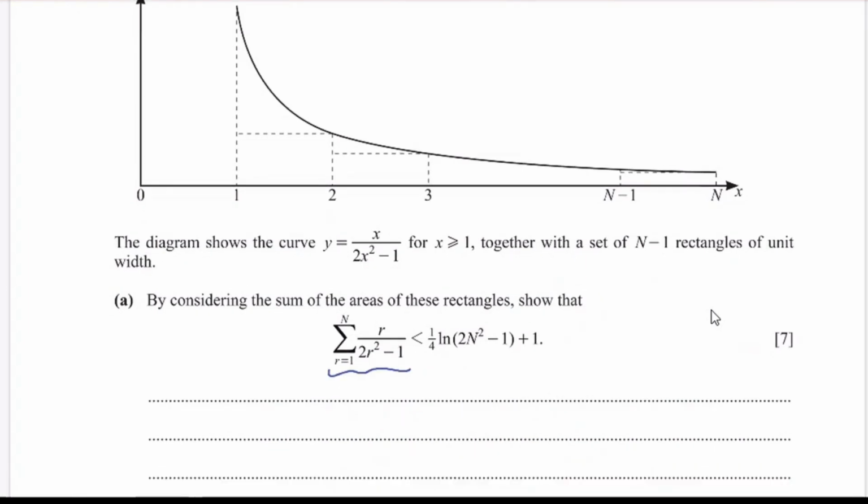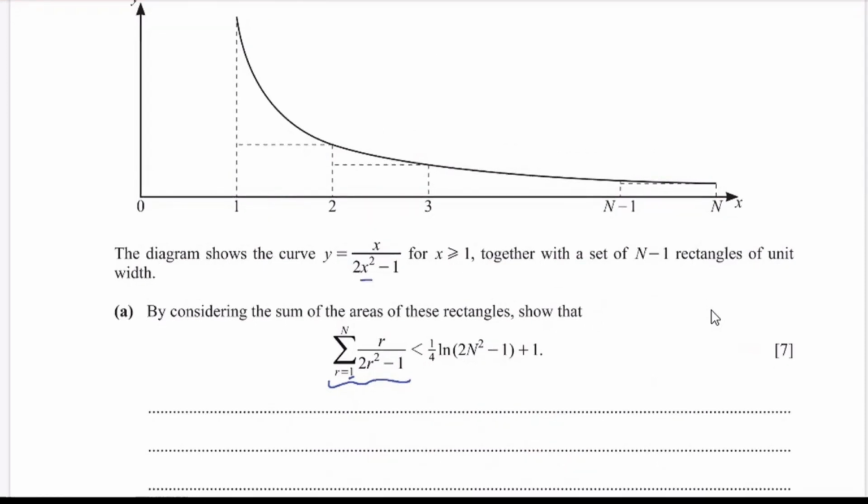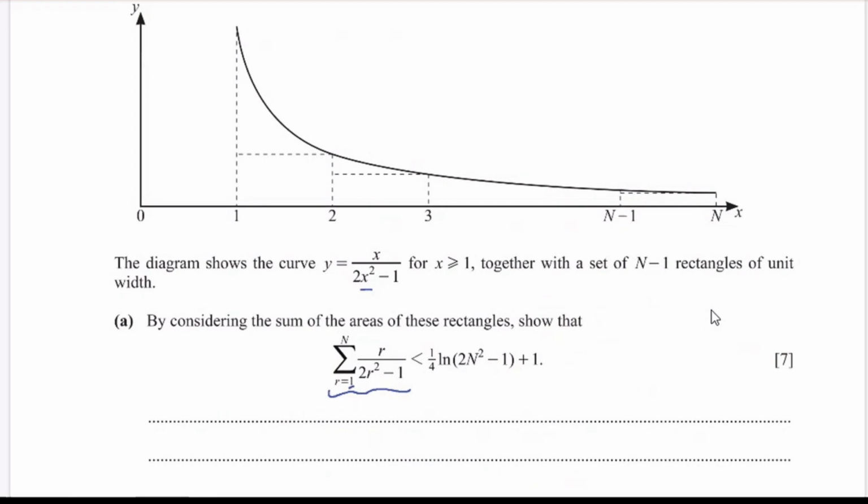Usually when we see a summation, it means that we are trying to approximate the summation with areas. When we look at the summation here, it starts with r equals 1, which means the x value here starts with 1. But as we look at this diagram, we do not have the height of the rectangle where x equals 1 in this case.